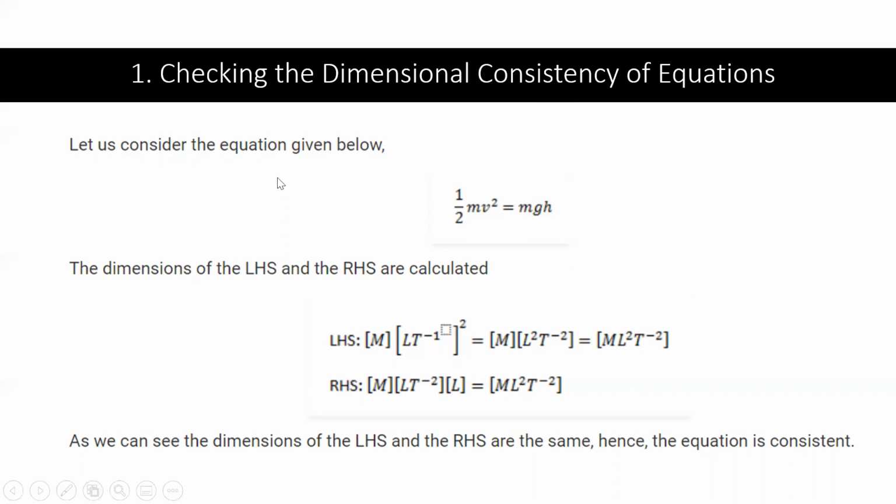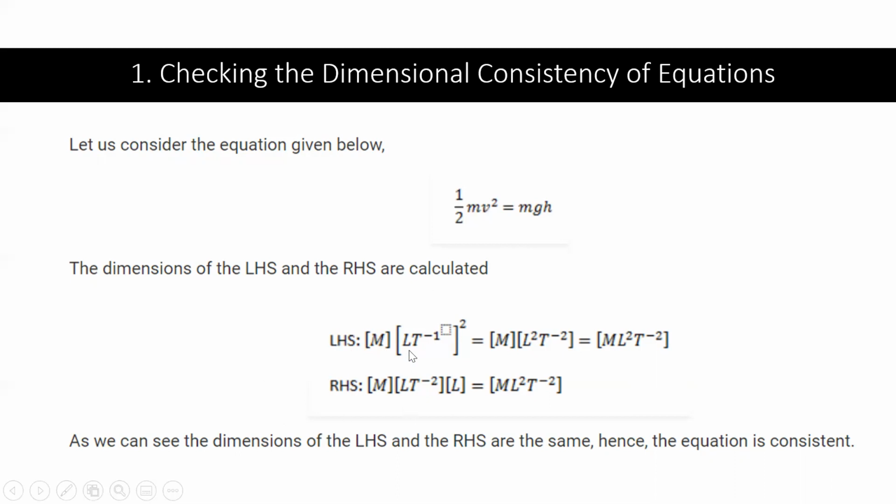So let us see how we can do that. Half mv square. So let us write the dimensions of LHS and RHS separately. So let us consider LHS, left hand side, half mv square. Half doesn't have any dimension. M is mass, so [M]. This is the dimensional formula for m within the square brackets. Velocity, displacement by time.